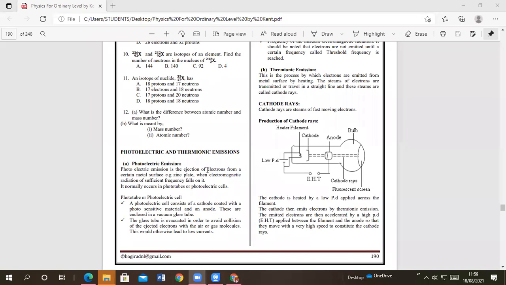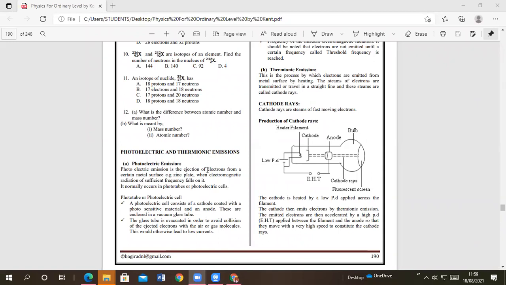We have seen that electrons are the smallest charged particles within the atom, and they are moving around the nucleus. They are negatively charged.